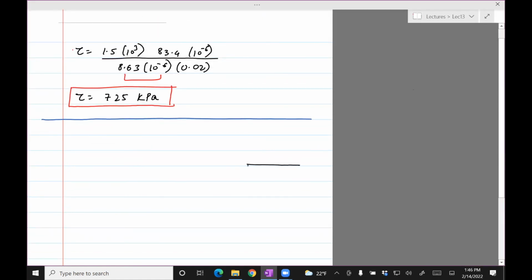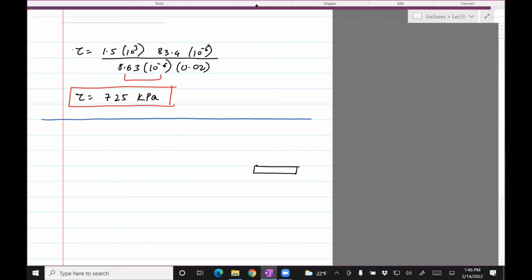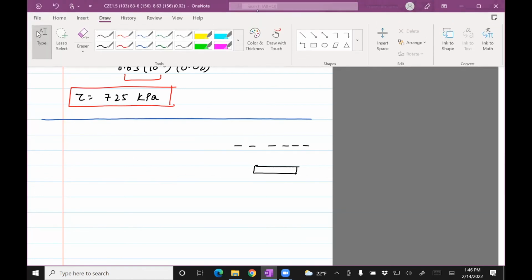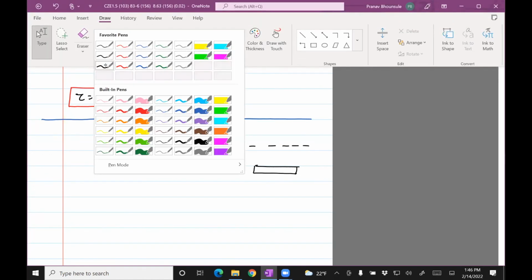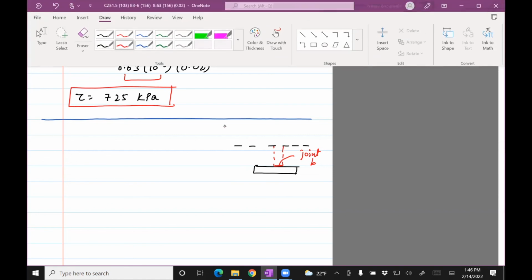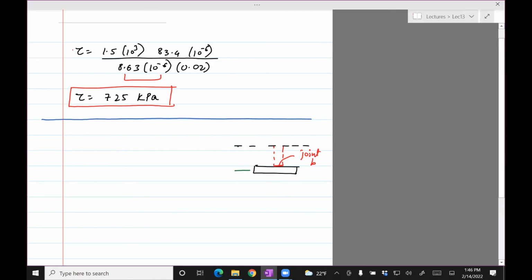So now the bottom piece of the beam. Joint P. We need to find this Y bar and then the cross section.